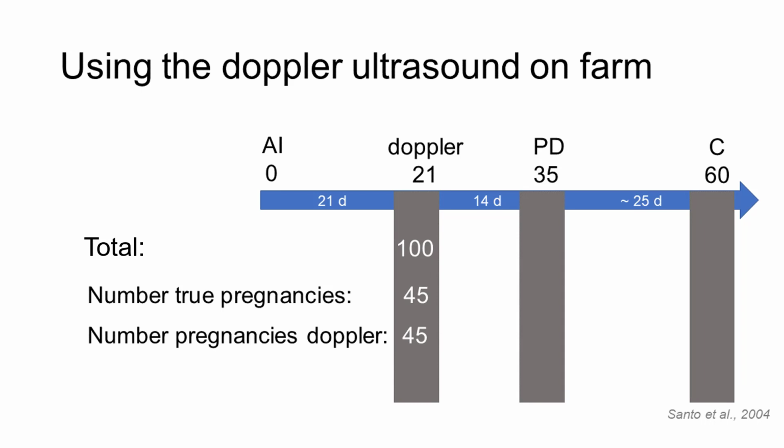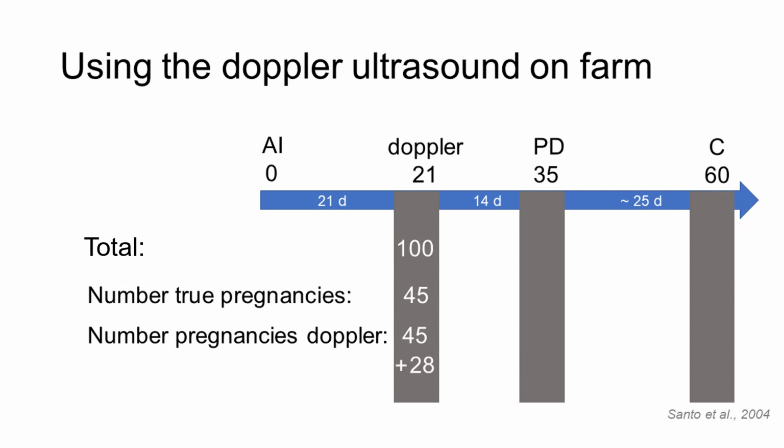Here is an example to illustrate the importance of the pregnancy confirmations. Let's say you use the Doppler ultrasound for 100 cows in a herd with a 45% conception risk. As the Doppler has a sensitivity of 100%, you will correctly identify the 45 pregnant cows as potentially pregnant.